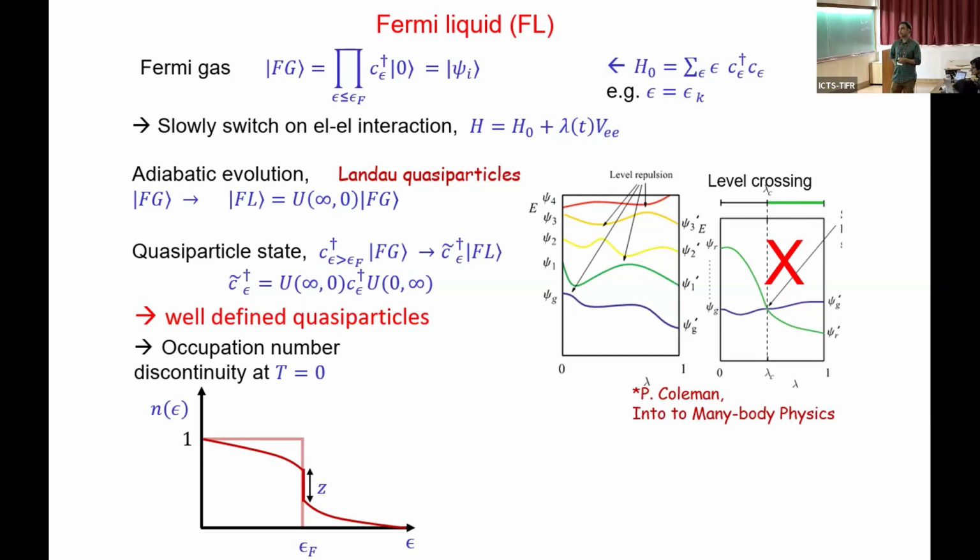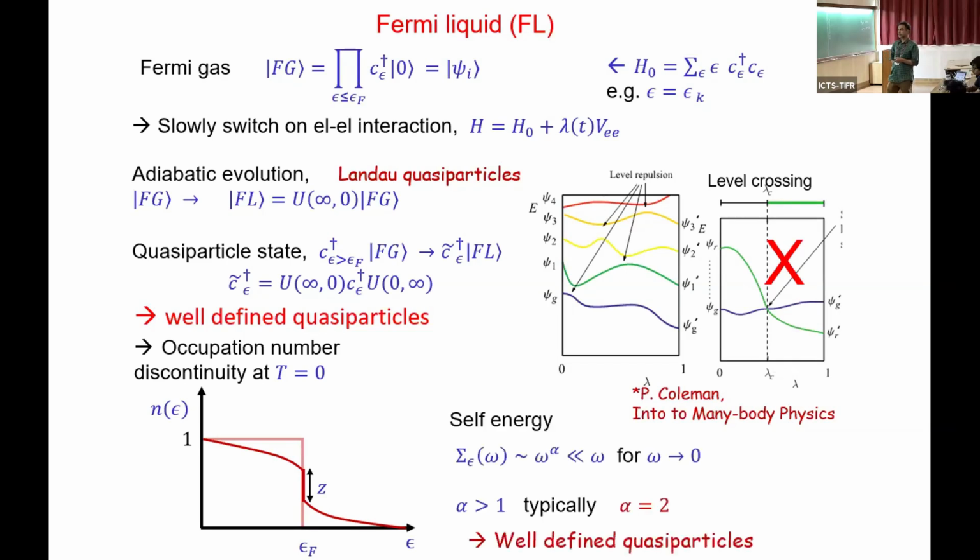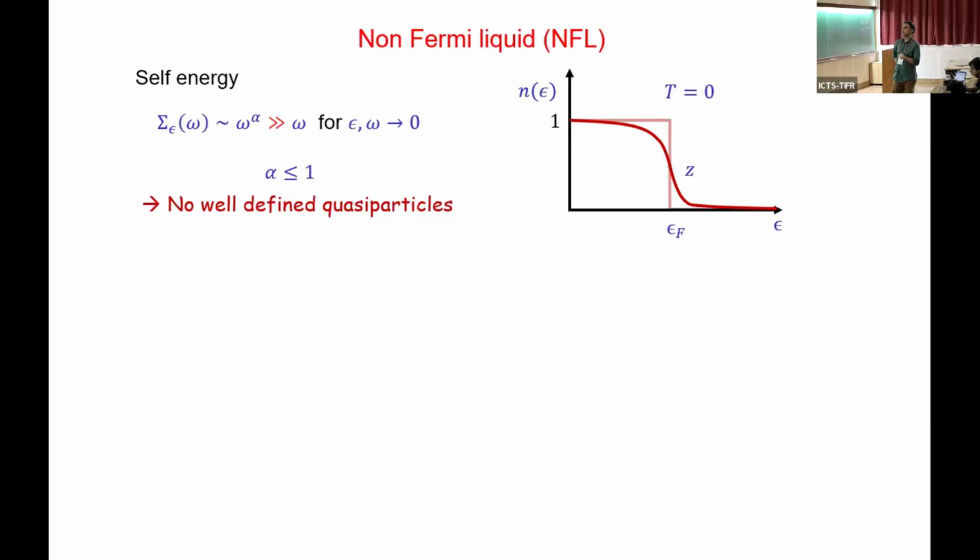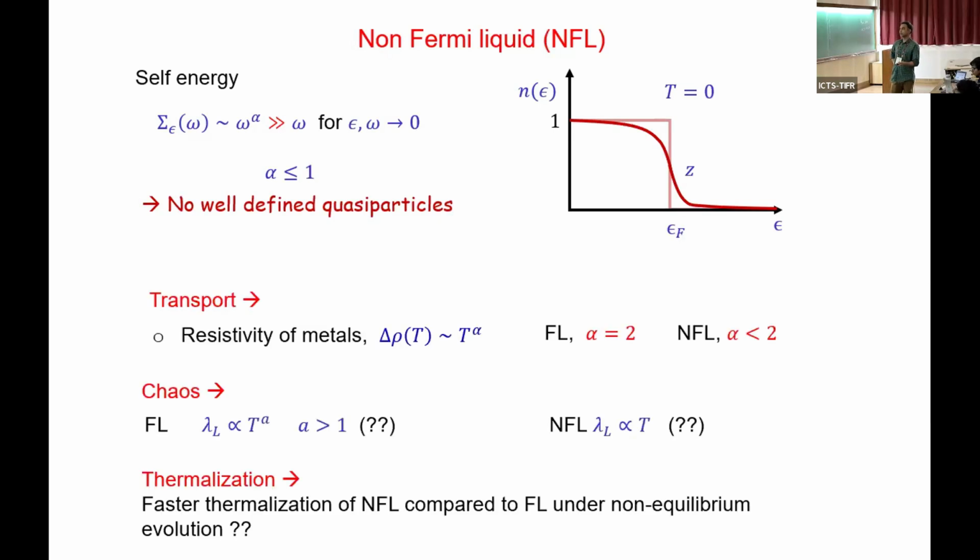This is valid only at T equal to 0. At T equal to 0, rather than having the full jump of 1, you will have some finite jump, but that will still tell you that it is a Fermi liquid. So you can track these kinds of things in this problem. This is the way you can try to see how a Fermi liquid evolves to a non-Fermi liquid or a non-Fermi liquid to a Fermi liquid.